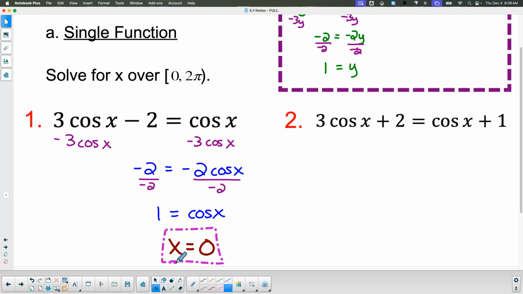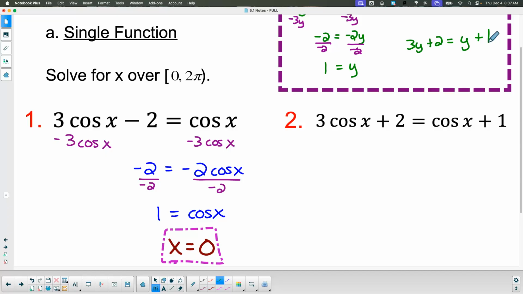Let's try number 2 together. What would you do if, again, in your brain, you're thinking of this as 3y plus 2 equals y plus 1? If we were the green one, what would you do first?